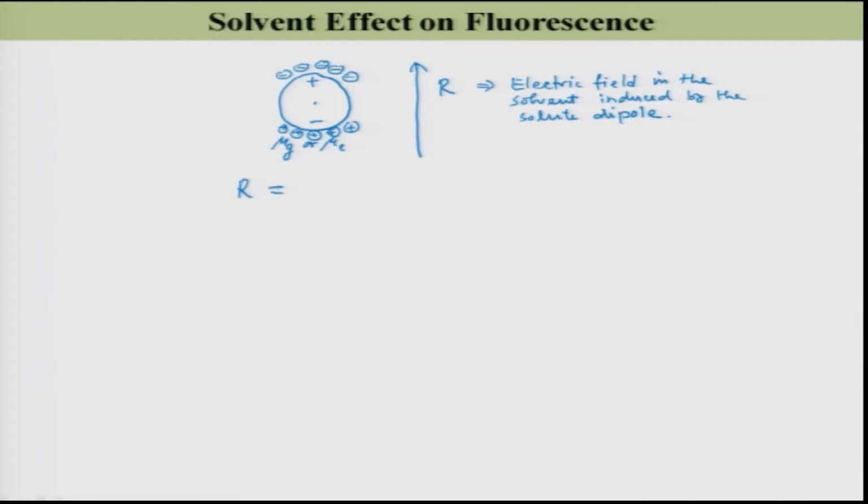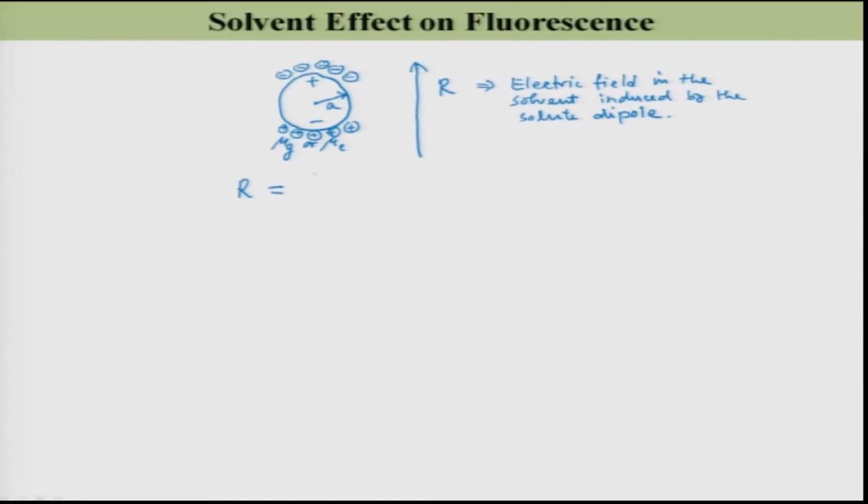the radius A, and the property of the solvent. Some molecules will be polarized more efficiently, some others not. So, that will be the property of the solvent.